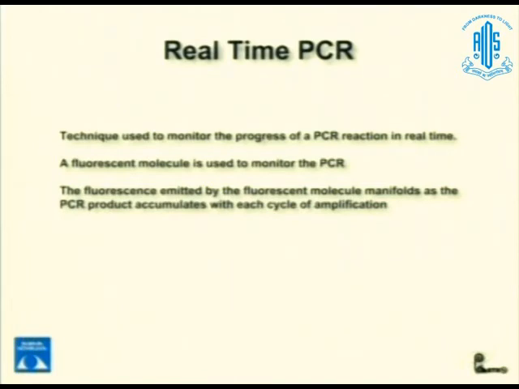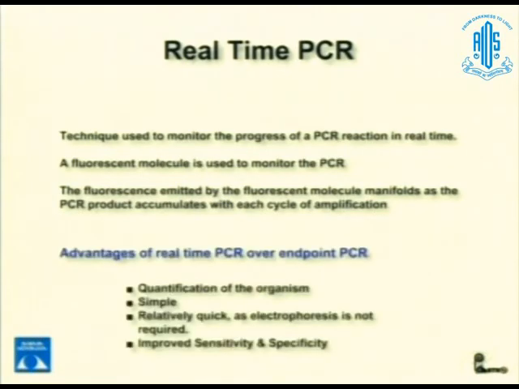One fluorescent molecule is used which measures it manifold as the PCR products accumulate in each cycle of amplification. Advantages are it quantifies the organism. It's very simple. It's relatively quick. The result can be obtained within 12 to 24 hours, and there is improved sensitivity and specificity.